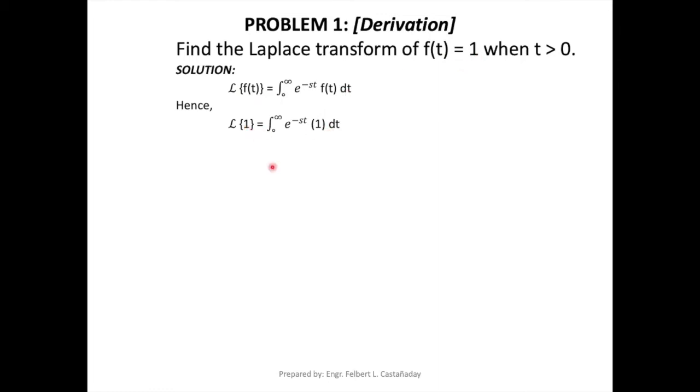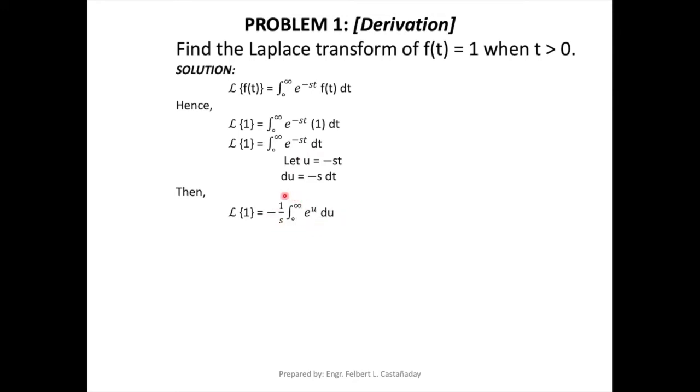Using integration, we can use a formula for integrating exponential functions. So we let u equal to negative st, and then we differentiate, so du is equal to negative s dt, and then we plug in the given integrand. We now have negative 1 over s integral of e raised to u du.